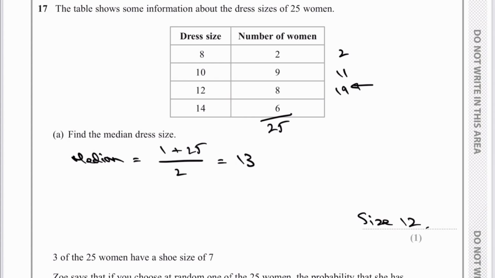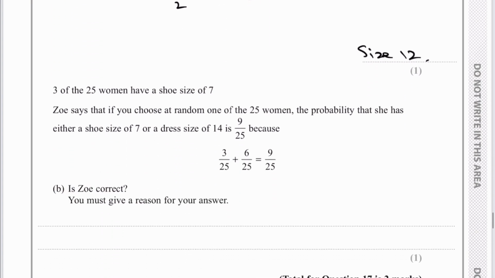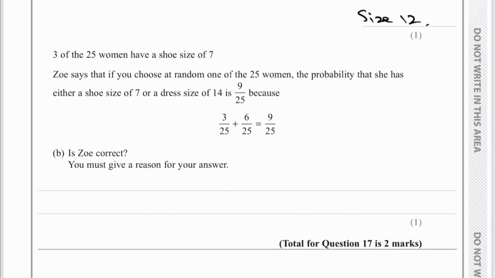Okay, let's have a look then at part B, which is a little bit complex, but it's only 1 mark, it's one of those questions where you just have to read it. The key part of this is the word or. So is Zoe correct?